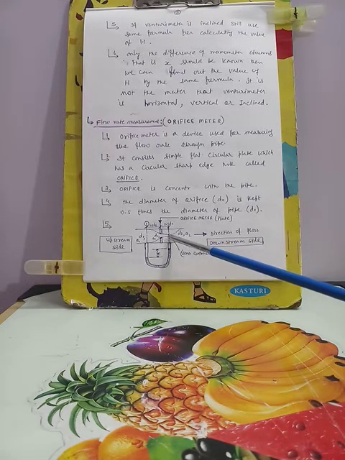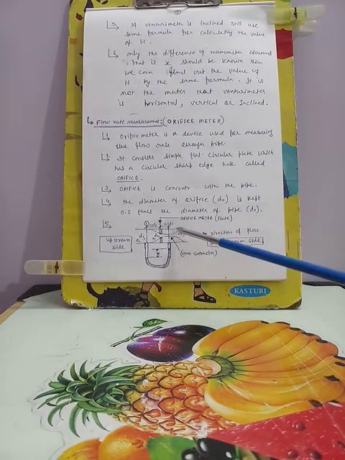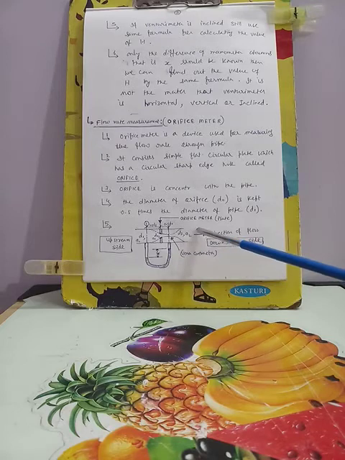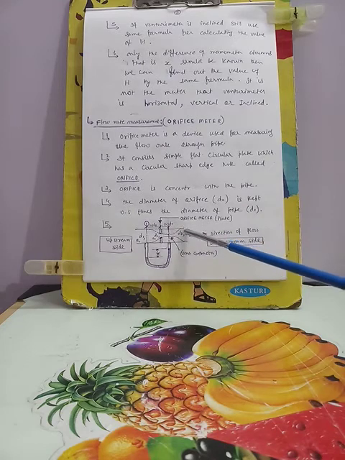After reducing to some extent, the diameter of the stream will increase again and it will take the shape of the pipe. So here are the changes in the stream from here to here.